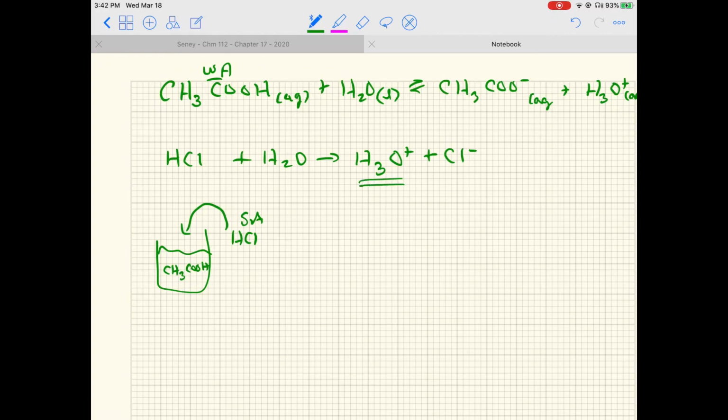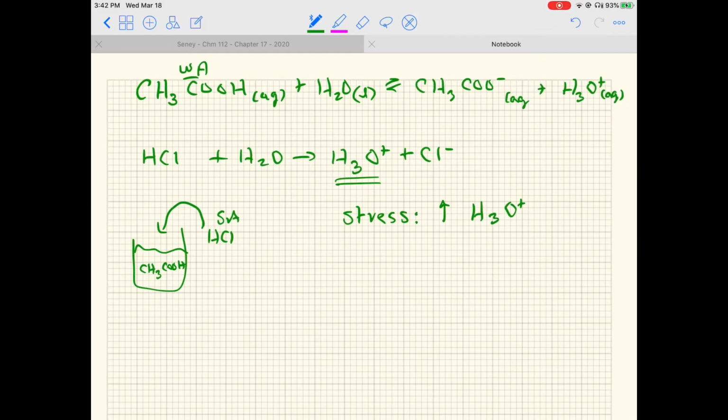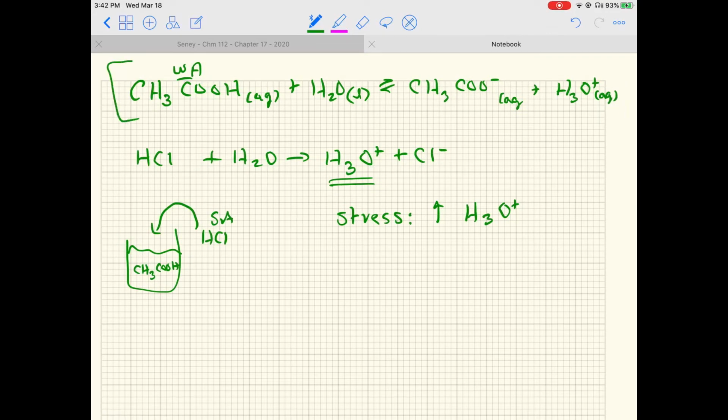And ultimately, we want to know what sorts of things they have in common. The biggest thing you're going to notice is, is there a stress associated with this reaction? And there is a stress associated with this reaction. It's the increase or addition of hydronium ion. So this equilibrium above, this one right here, is now affected by the stress of adding HCl into it. Because remember, we don't have any acetate. We just have acetic acid, and because it's weak, very little will dissociate into acetate.